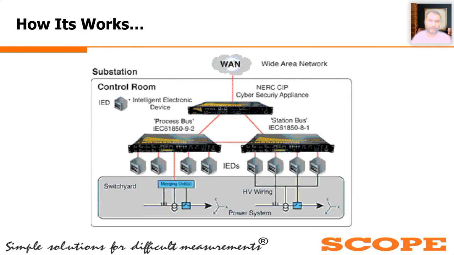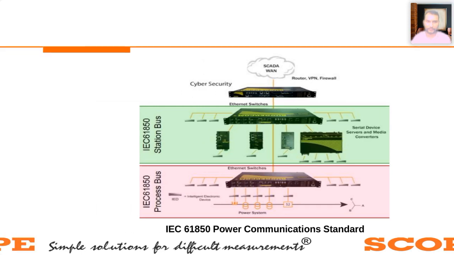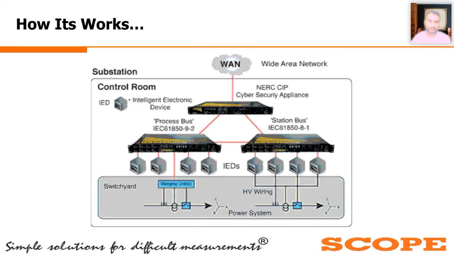Then how it works? Why are these switches important in an industrial application, in a utility application? Nowadays, substations are going into digitalization, where there are normally two levels, two buses. One is the process bus, another is the station bus. So what is the process bus?